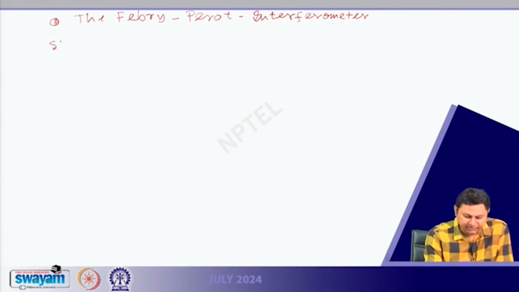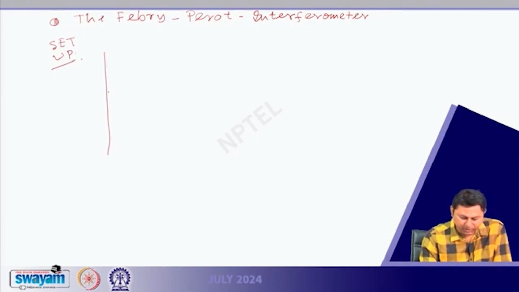First we discuss the setup. This is the same setup which we already discussed in the last class, but in a more realistic manner, where we have a source plane and these two blocks.